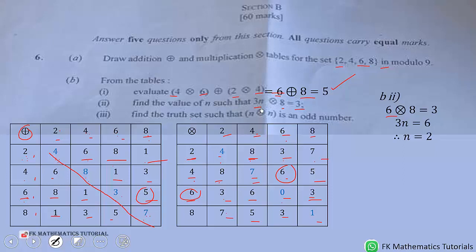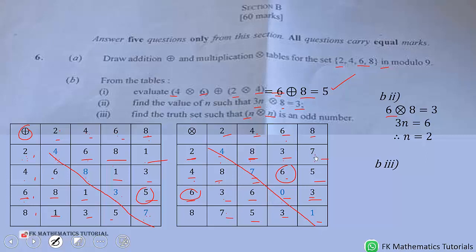Good. Now let's look at the (iii). You have to find the solution set of this: n ⊗ n is an odd number. So we are still in the multiplication table. Note that along the diagonal, that is where a number multiplies by itself to give a result. So we are looking for the odd numbers there.